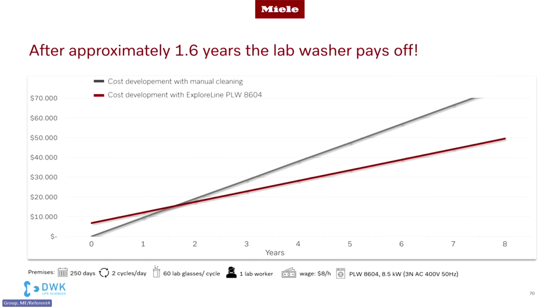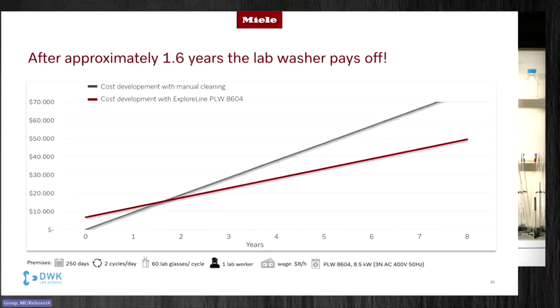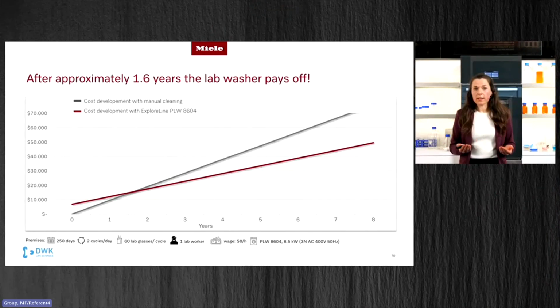If we look at the gray line representing manual cleaning, we see very low initial investment costs. All you need is a brush and some cleaning agent. But over time, the costs add up, mainly because of the personnel costs and the process chemicals. Now let's turn to the red line representing automated cleaning. Here we see higher initial investment costs for the lab washer and the accessory.